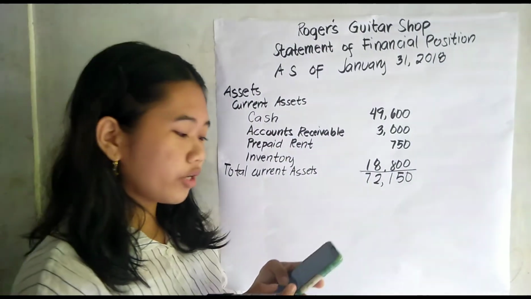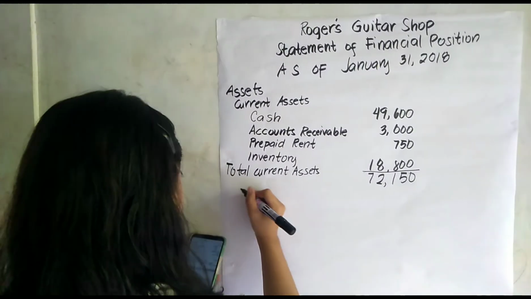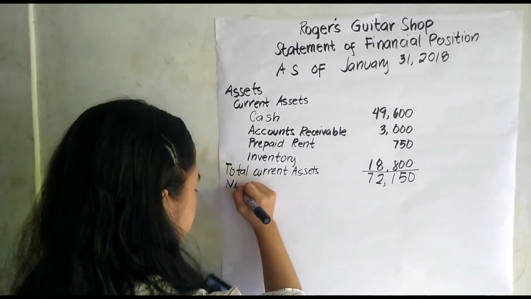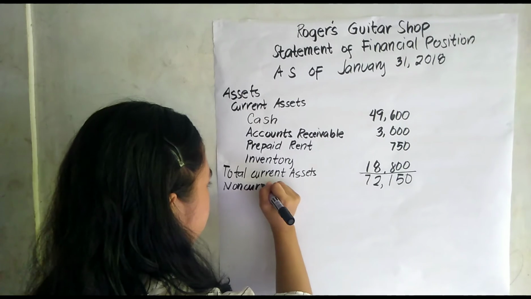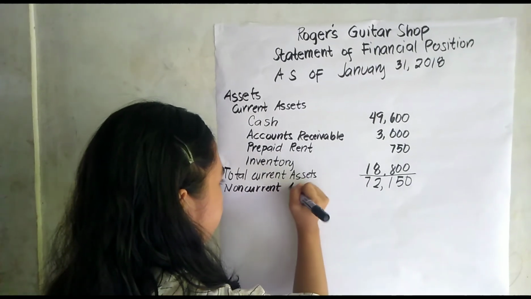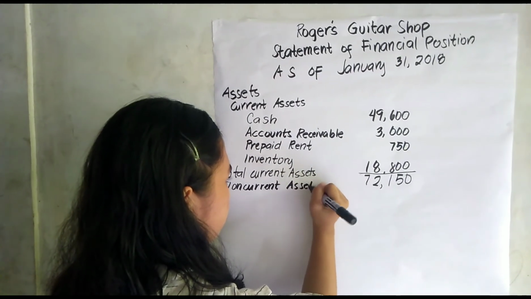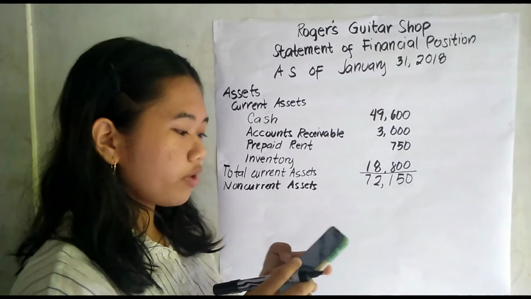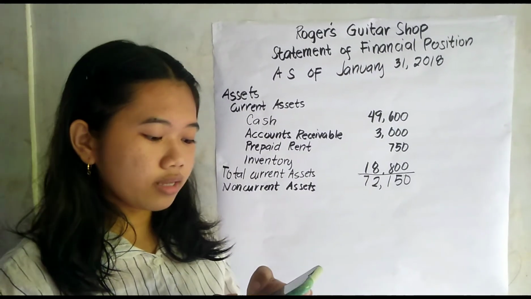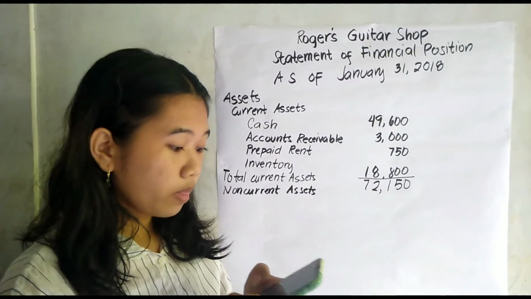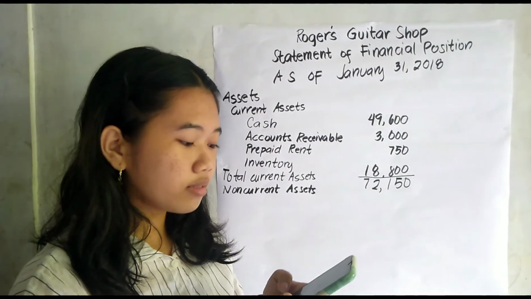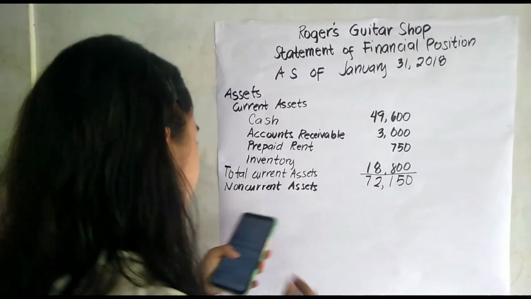Next is the non-current assets. The given in the non-current assets are renovation and improvements and accumulated depreciation.